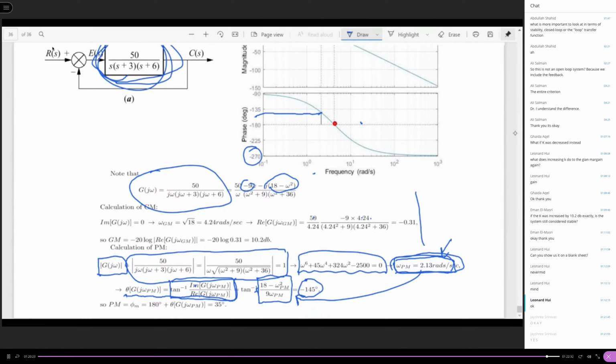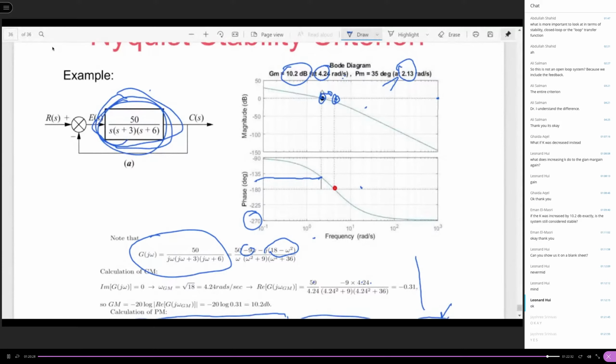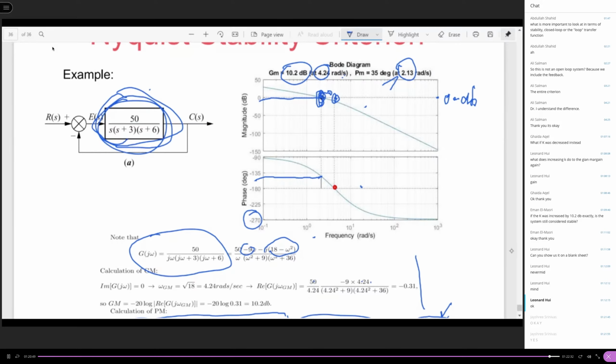So like what I said, for the phase margin, I first calculate this crossover point based on the magnitude equal to 1, which represents 0 dB, that is, the magnitude of the frequency response equal to 1. In your brain, you just imagine this is the Nyquist plot unit circle.